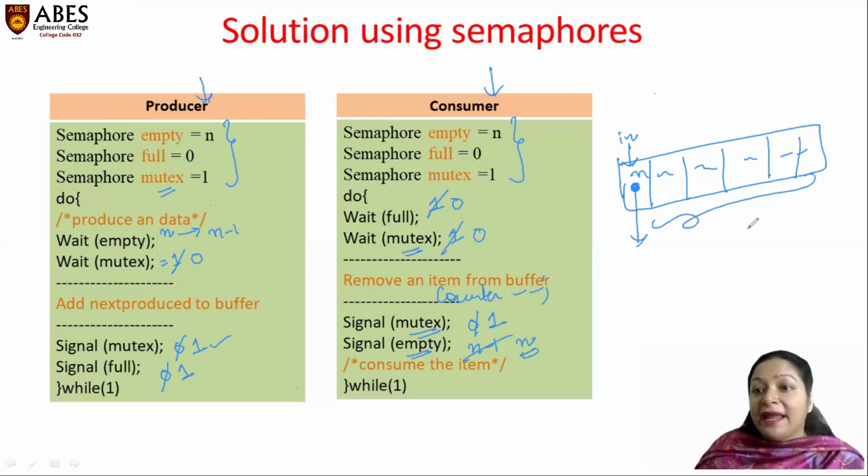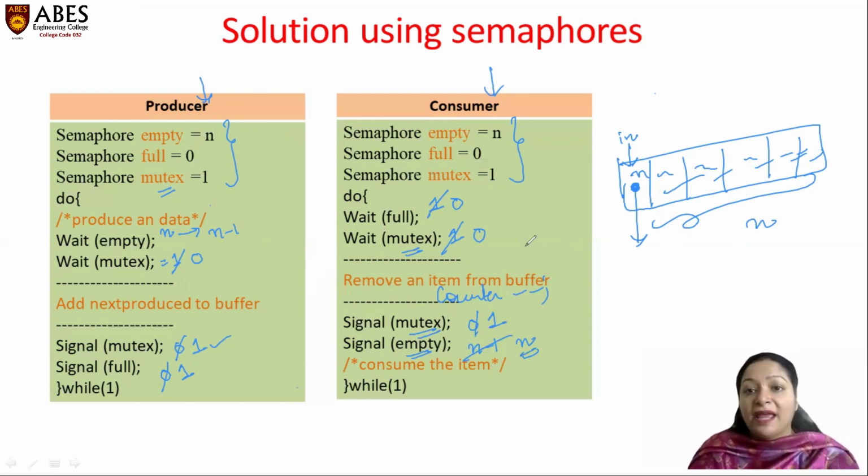Producer can run n times and produce n items. Okay, this is the maximum size of the buffer. And when the buffer is full, now the producer code will not run. Okay, after n iterations the producer code will not run. Then only consumer code can run and the consumer can fetch the items from the buffer.